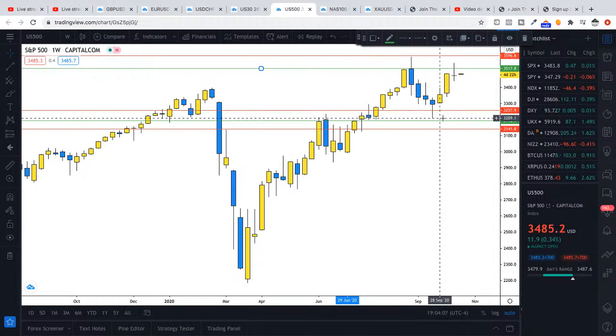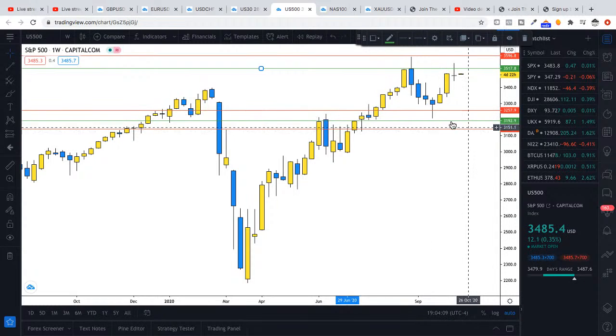It'll clear those bottoms, and right in here will be a zone I would be very interested in taking a look at price action and seeing what it's doing. If it does come down to this point, I would look at being a longer term buyer if price action does what I would like it to do to get in line with the market.